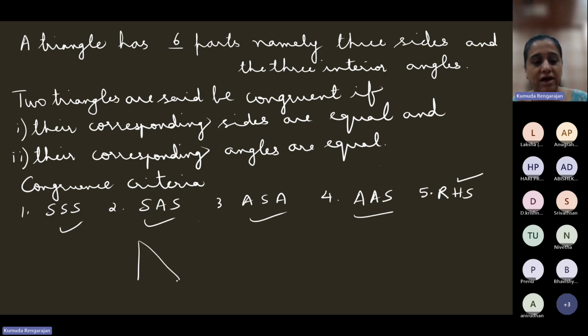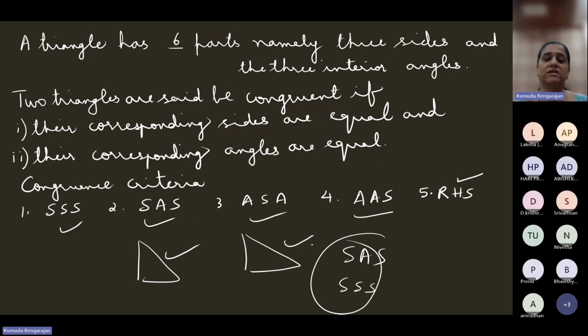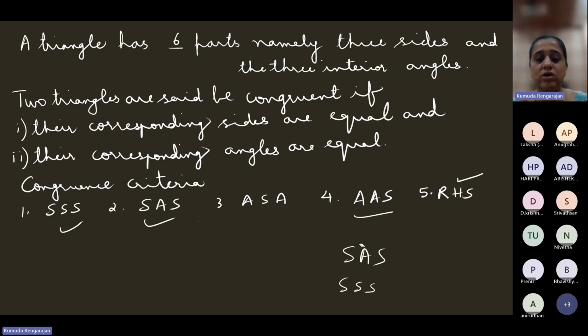You can also show that they are congruent using SAS or SSS. So which criterion we use depends on the information provided to us in the question.